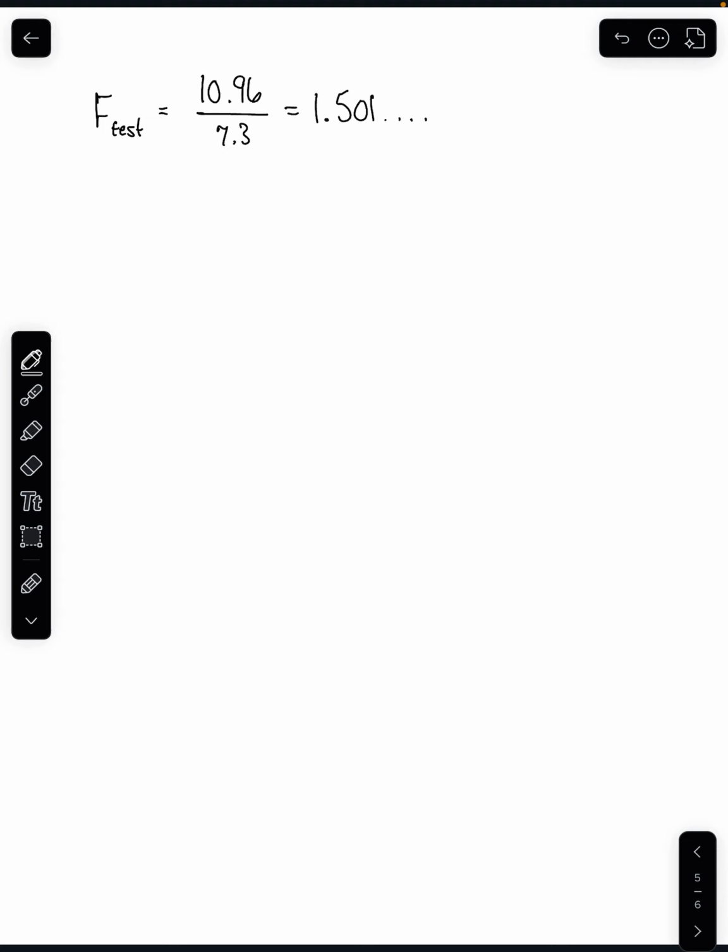That being said, we're always going to find the area in the right tail, which is actually quite large here. An f-value of 1.5 is not that far from 1.